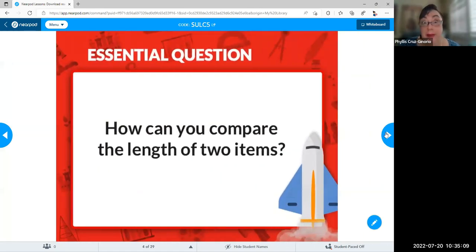So how do you compare the length of two items? Let's say I have a candy cane and you have a candy cane. If we put them together, can we determine whether one is longer, is one shorter, or are they the same length?